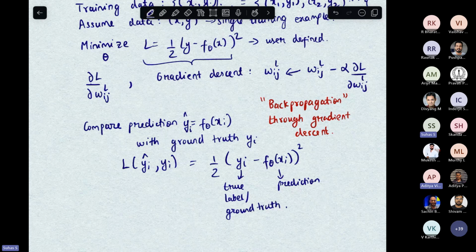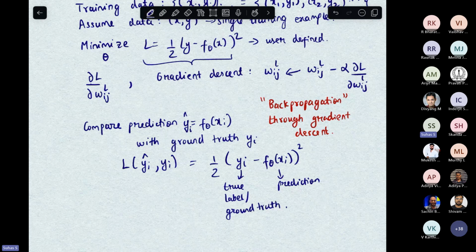The moment you have some error that is greater than zero, it means that you are off from your ground truth, correct? You gave the example that f theta of xi might be 5 higher or 5 lower. It means that your loss is half into 5 squared, 25 by 2, that's 12.5. That means there is some difference between your yi and f theta of xi that you want to minimize.